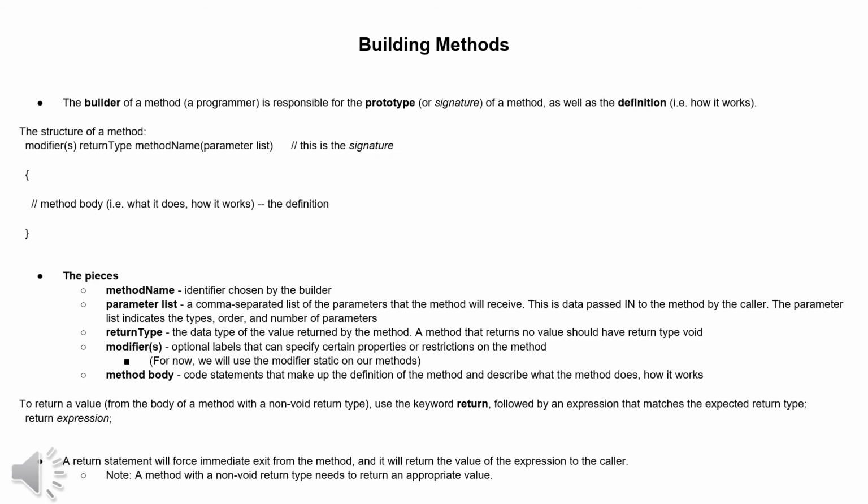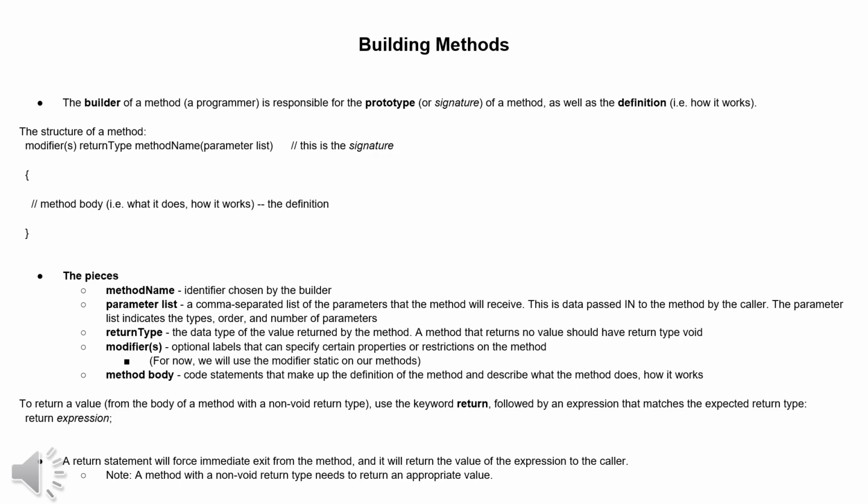First, about modifiers. So let's see what exactly modifiers are. Modifiers are those properties or restrictions that you are going to put on methods. So that's enough for now that you know it's a restriction and properties. And for now, the property that we are going to use in our methods is static.